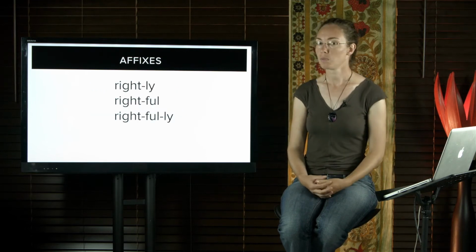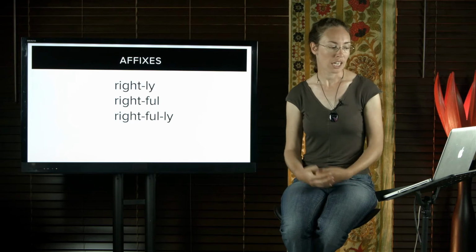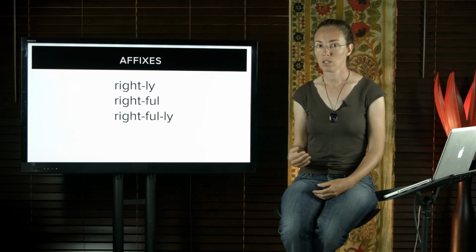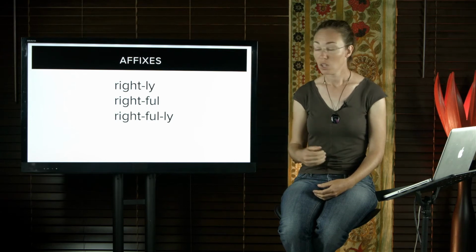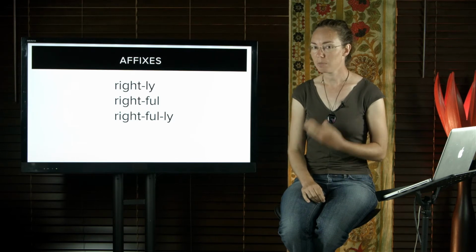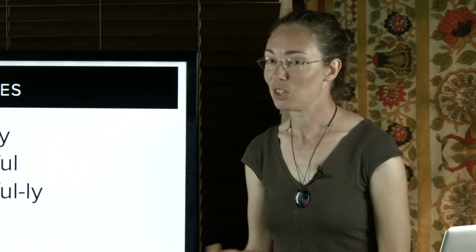For example, we can add the suffix li to the root right and get rightly. Or we could add the suffix full and get rightful. We can also add both suffixes and get rightfully, but they have to be in that order. The reverse order is not possible. We can't say rightly full.